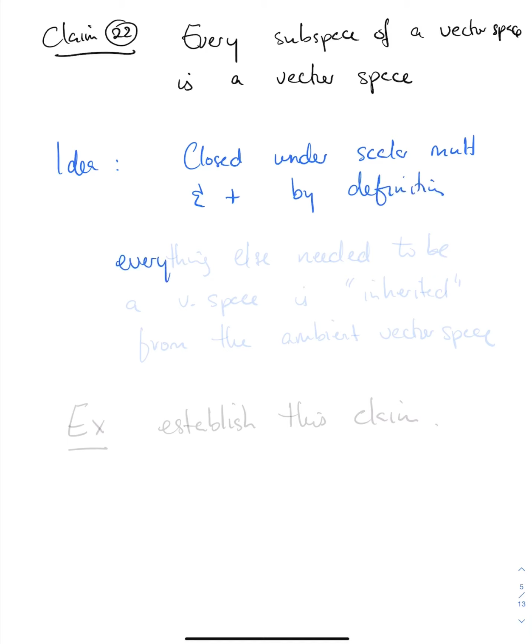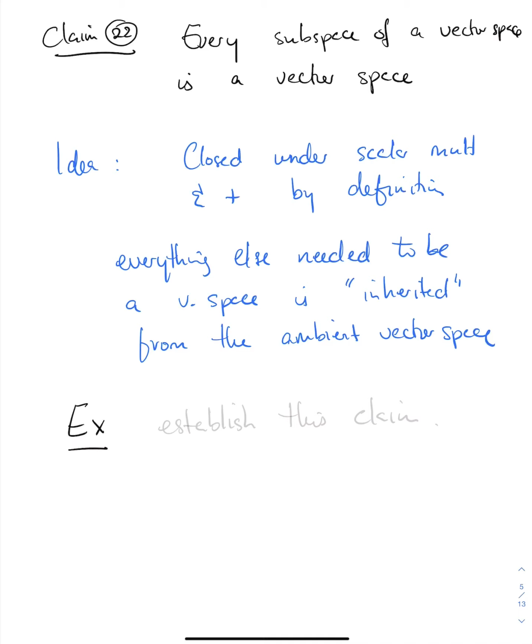Everything else needed to be a vector space is inherited from the ambient space. Exercise. Establish this claim.